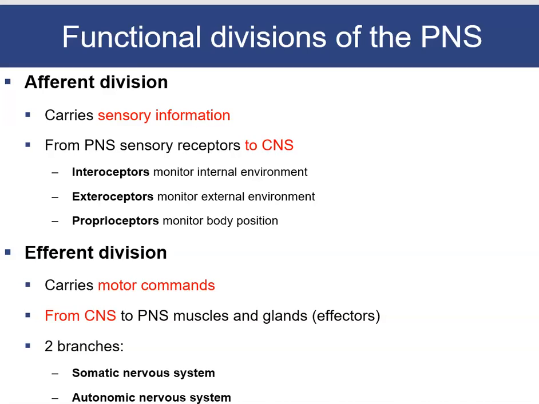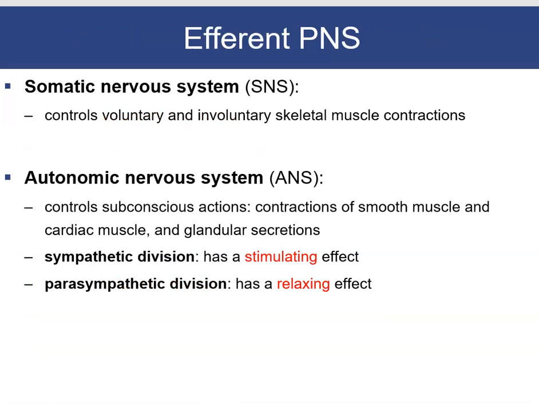There are two branches of the efferent, the somatic nervous system and the autonomic nervous system. The somatic nervous system controls voluntary and involuntary skeletal muscle contractions. The autonomic nervous system controls our subconscious actions, things that we don't have conscious control over, such as the contraction of our smooth muscles, our cardiac muscles, and our glandular secretions.